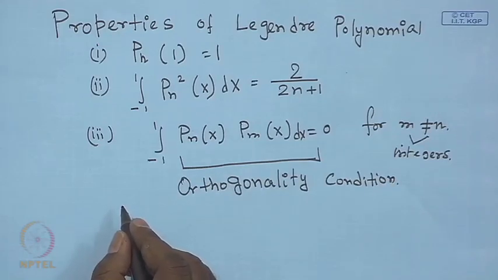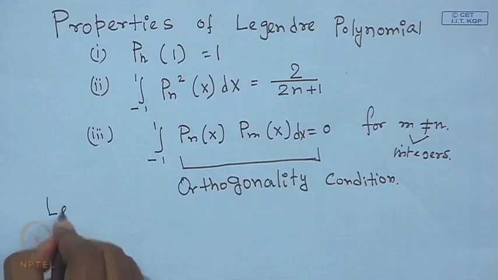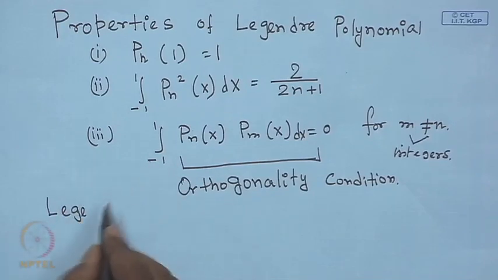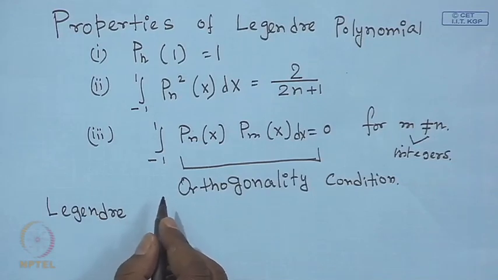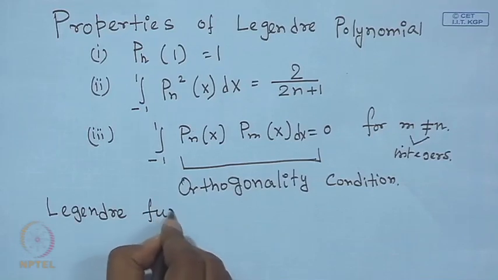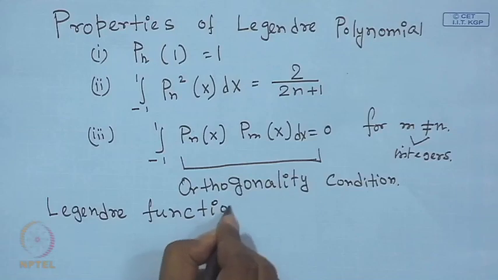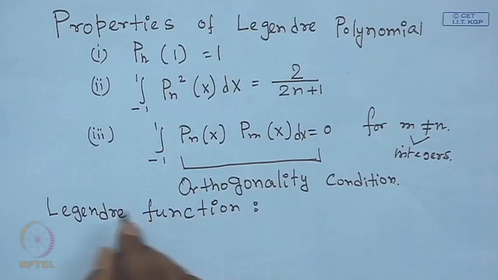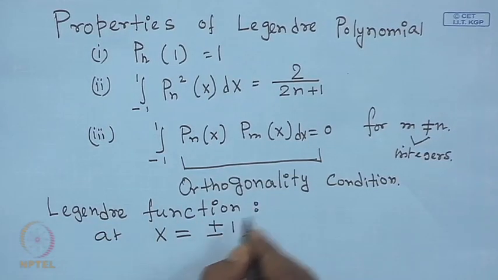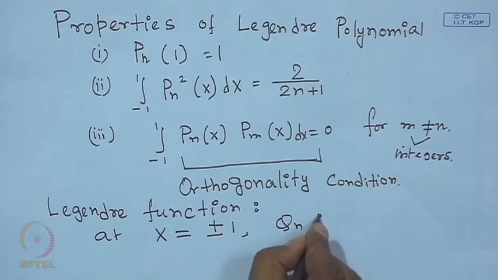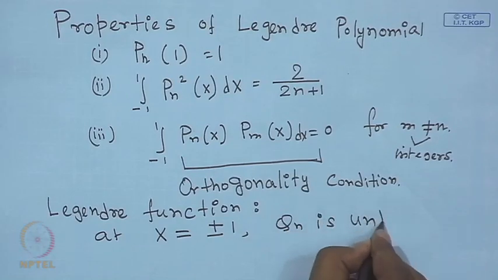Now, let us look into some of the properties of the Legendre function. These are the most important properties which we will be utilizing quite often whenever we talk about a Legendre equation as our governing equation. For the Legendre function, the property is that at x equal to plus minus 1, Q n is unbounded.